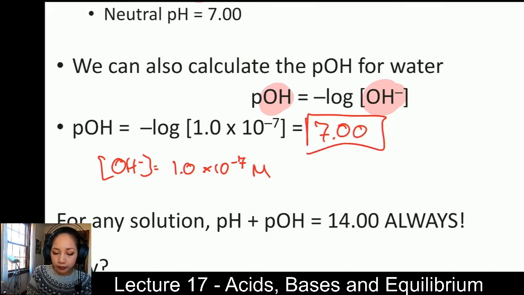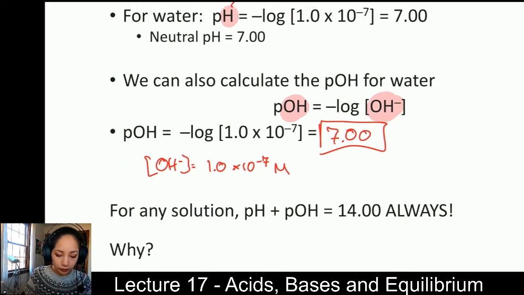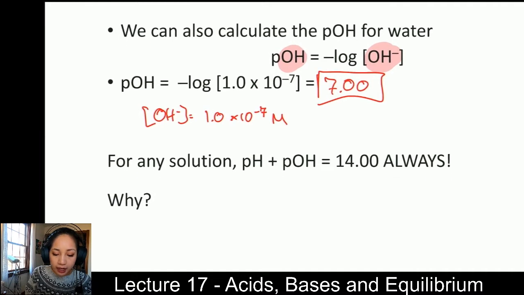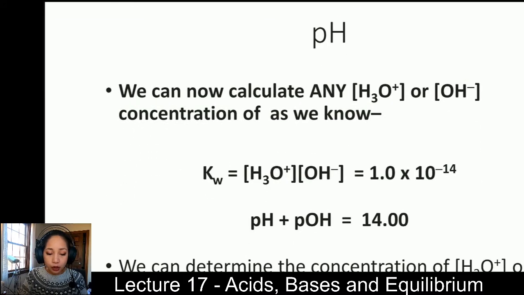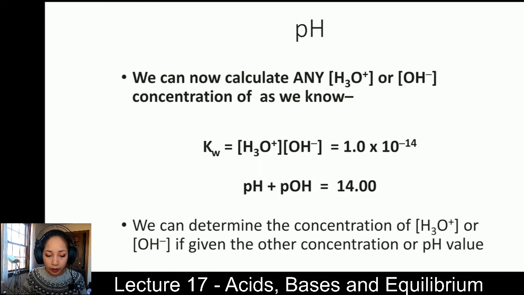And pH doesn't have a unit. You just say pH equals 7.00. And so what you see here is that for any solution, pH plus pOH will always equal 14. It'll always equal 14. That's why our pH scale is between 0 and 14. So the question is, why does it always equal 14? This has to do with our Kw expression.